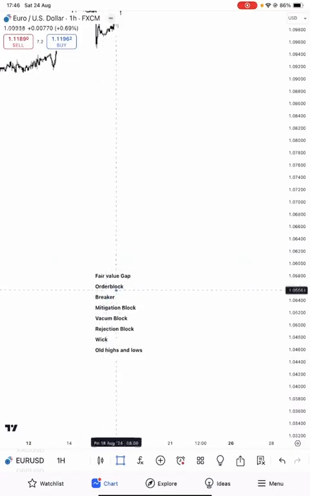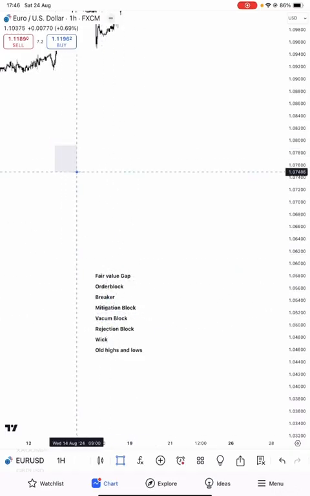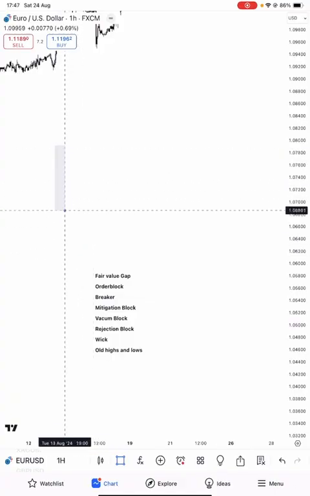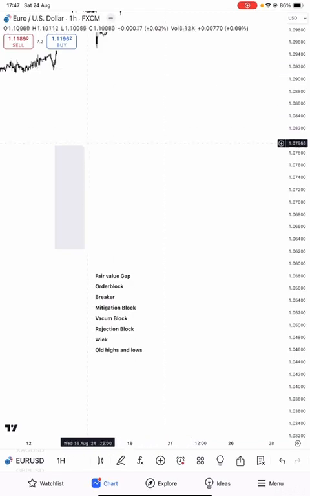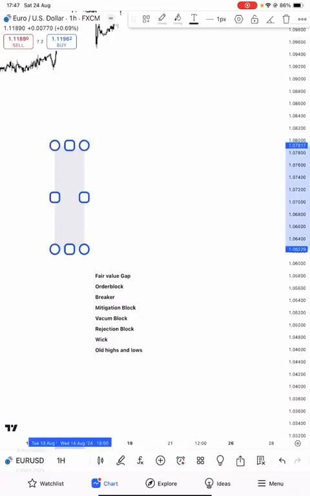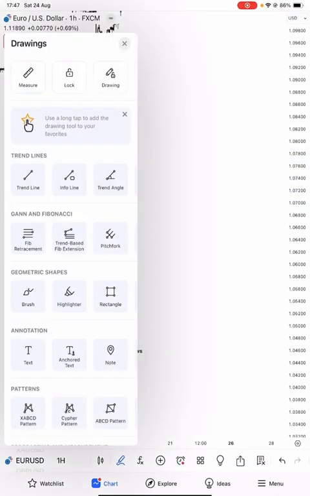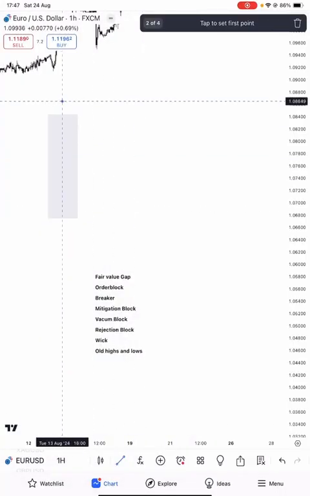So the key thing to understand is that breaker, mitigation block, vacuum block, and order block are specific candles that in a bullish trend or buy program, a bearish candle supports price, and in a downtrend, a bullish candle resists price.